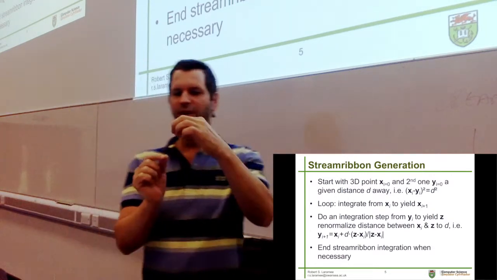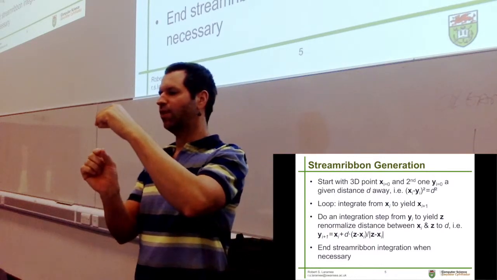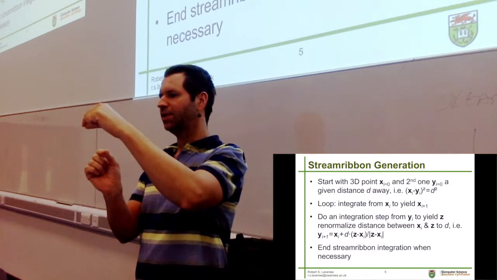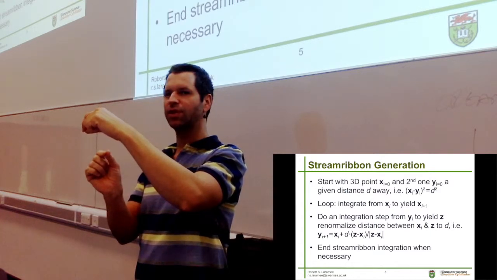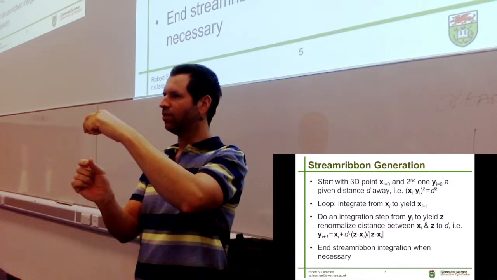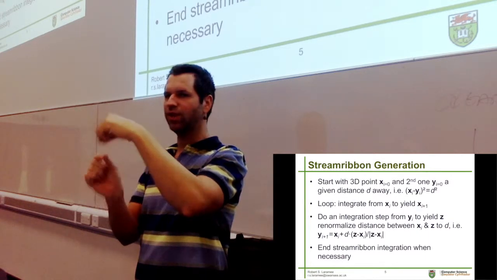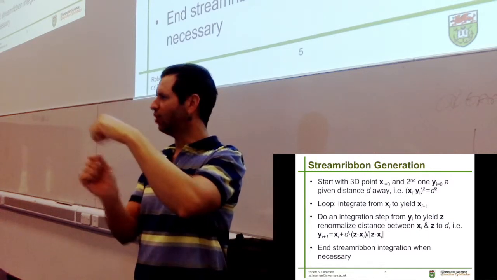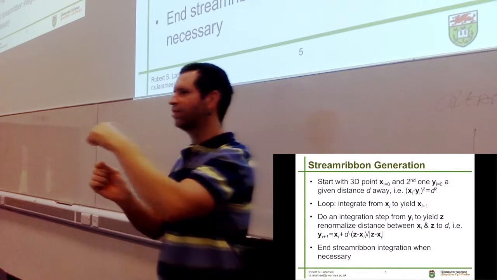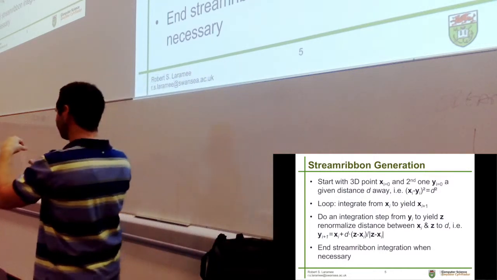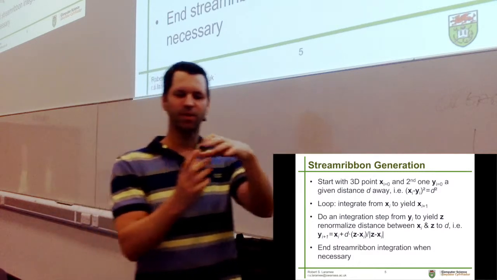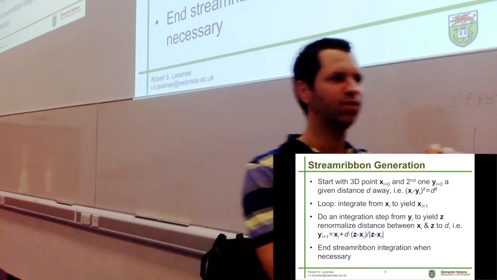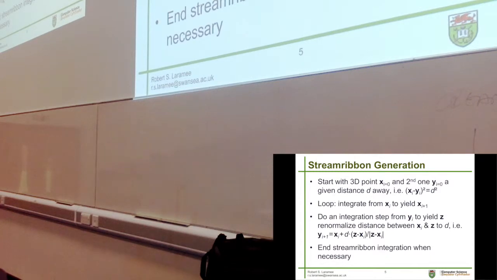And then we integrate both of the points, the first one using the normal streamline integration process, and the second one using this normal streamline integration process. So we get the next 2 points along two parallel streamlines. And then we join them with an edge and fill the space with a triangle strip.